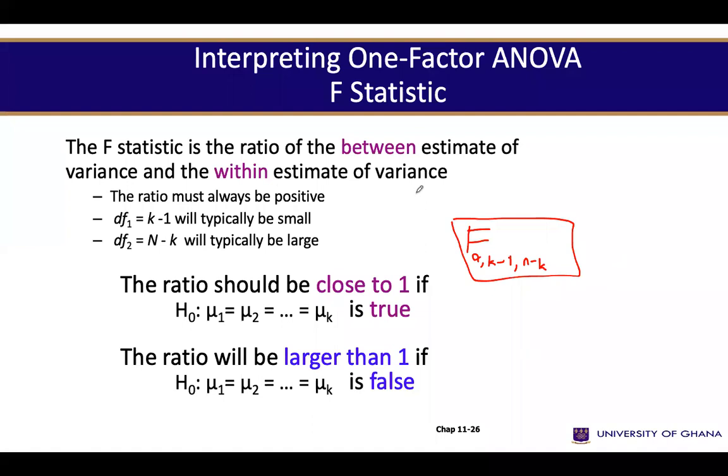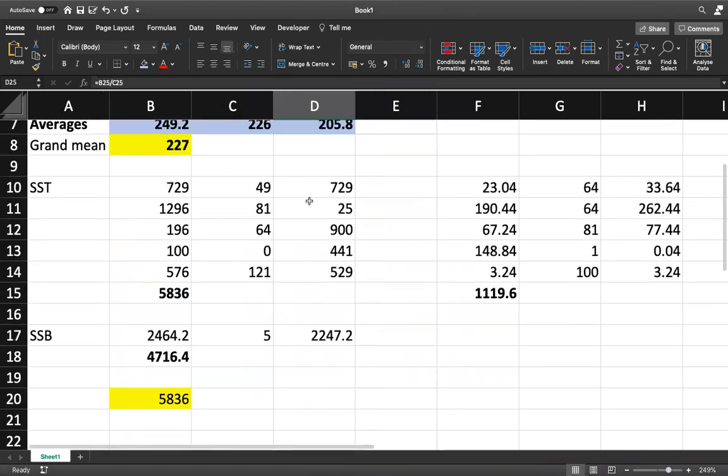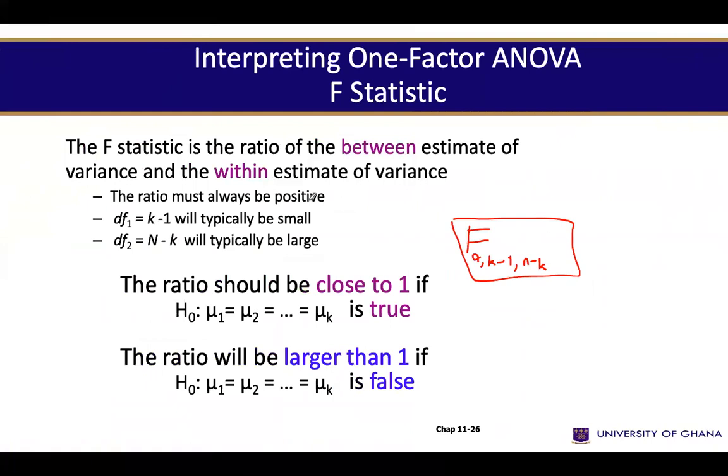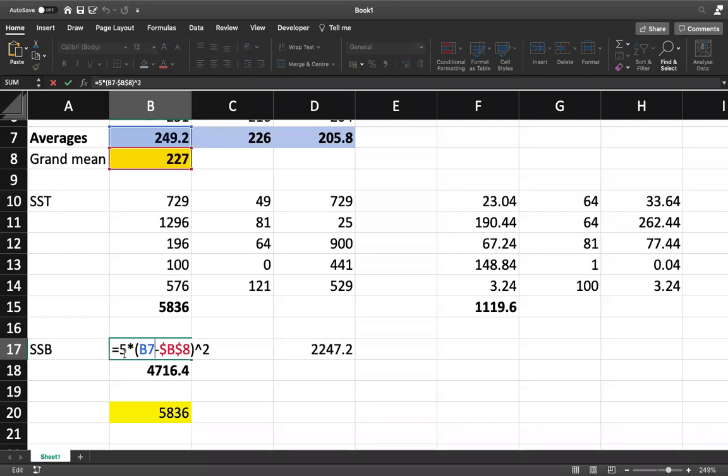Hello. Yes. Please, my question is about the SSB. Why are we multiplying the total by the 5? I don't know if we did that for the first one we did in Excel. Yeah, the first one we did in Excel, we multiplied it. We weighted it by the sample size. If you can see here, it's 5 times what we have here.